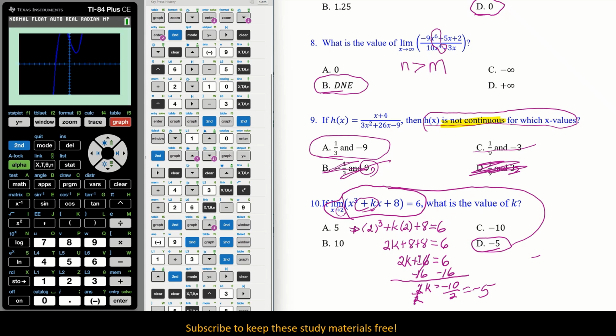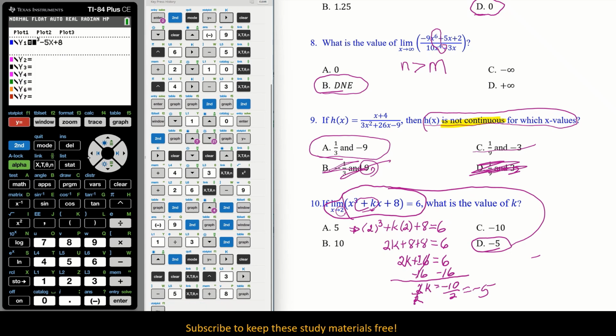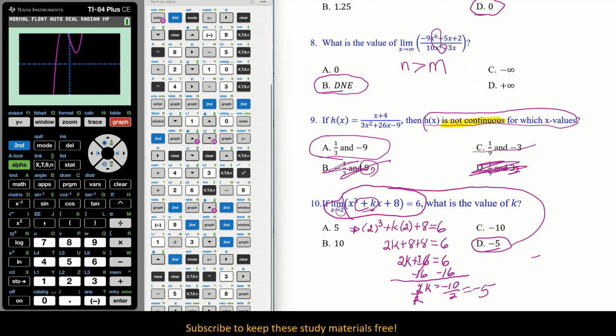Okay, all right. Oh, and our color changed. Let's go over and change that color. Let's push enter and let's make this magenta. Enter. Okay, now let's graph it. Okay, we can see it.